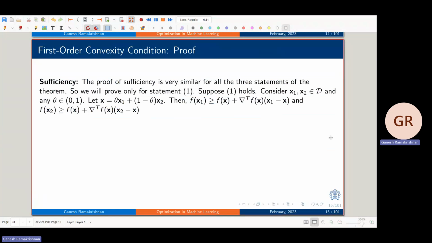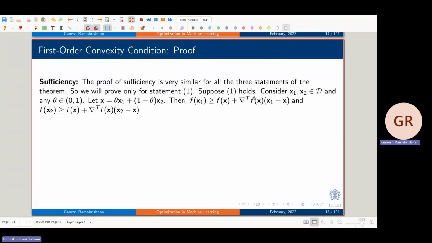Sufficiency. What is sufficiency? We want to prove it for all the three cases. Suppose these three hold, one or two or three, which is that the hyperplane inequality holds. If the hyperplane inequality holds, it's not that difficult. Let's say C is 0 to begin with.